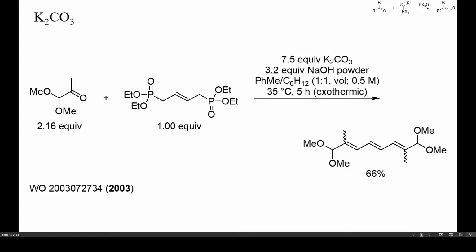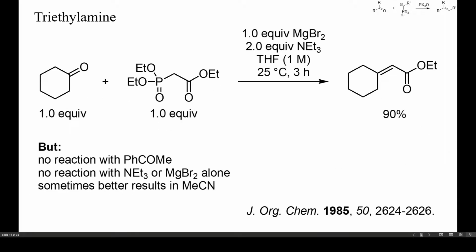as bases. The addition of metallated phosphonates to ketones often yields stable alcohols, unless the nucleophilic carbon carries another electron-withdrawing group. In this instance, the allyl group was enough to promote olefin formation. Strongly acidic phosphonium salts or phosphonates can react with ketones even in the presence of weak bases, such as triethylamine in combination with a Lewis acid, as on this slide.